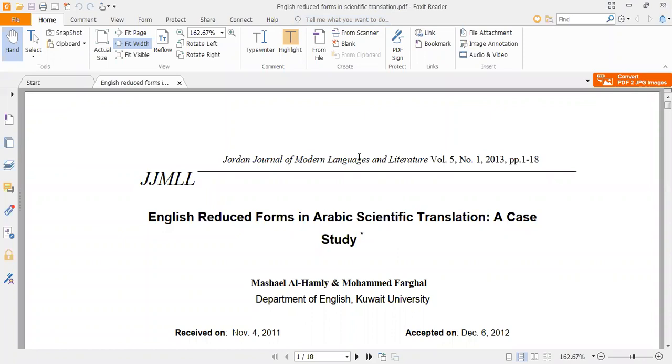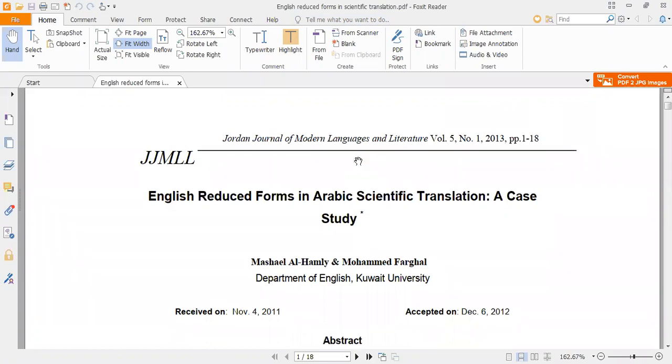Today we are going to talk about English reduced forms in Arabic scientific translation, a case study. This paper focuses on the English reduced forms, how to render these scientific reduced forms from English into Arabic.